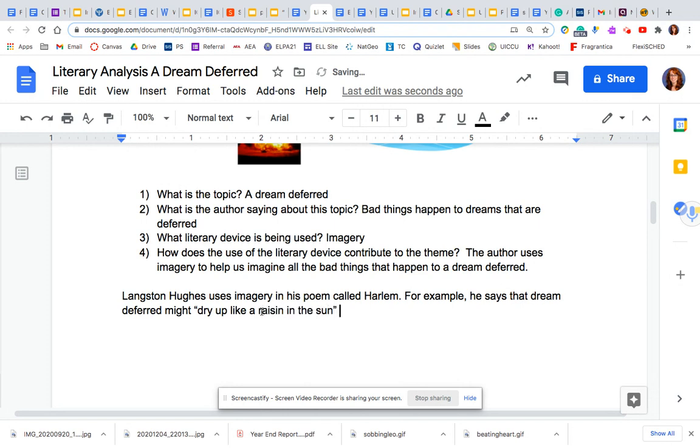Which is a description of, in this case, dry up. So the word dry is something that describes what you can see, hear, taste, touch, or smell. Well, if something is dry, that's what you can feel, which is a description of feeling.